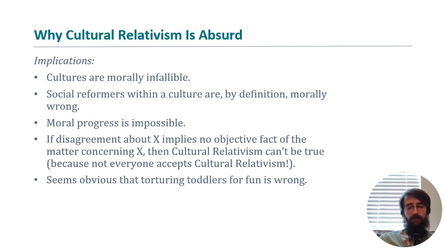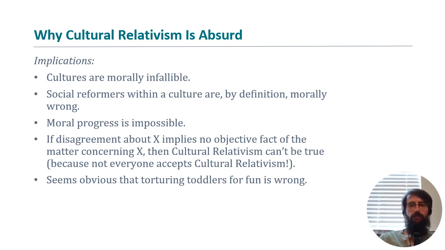In the case of subjective relativism, remember that view implied that individual people are morally infallible. What that means is you can't make a mistake in moral thinking if subjective relativism is true. If you think something's wrong, then it is wrong for you. So it's impossible to have a false moral belief. According to subjective relativism, it's impossible to learn anything about right and wrong, because there's nothing to be learned. Your view can never be mistaken.